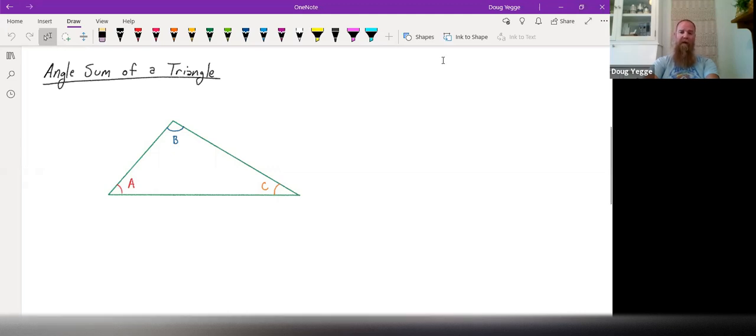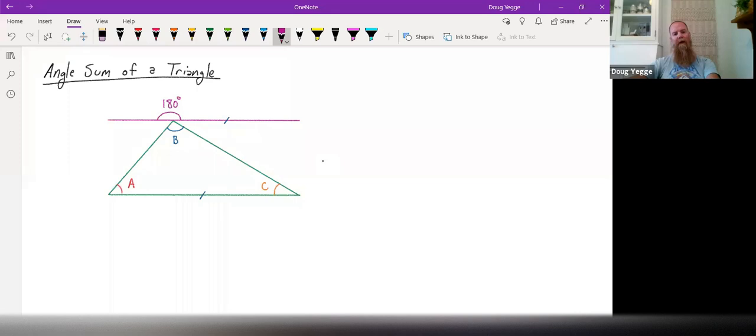So let's take a look at what happens if we were to draw a line parallel to the base of this triangle. Now these 2 lines are parallel to each other. Because they are parallel to each other, we should be able to have a couple of intriguing little relationships between these triangles. Let's first of all recognize that this angle right here, because it's a straight line, is a straight angle and therefore 180 degrees.